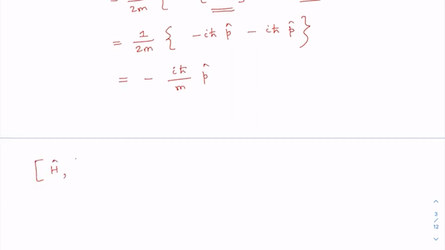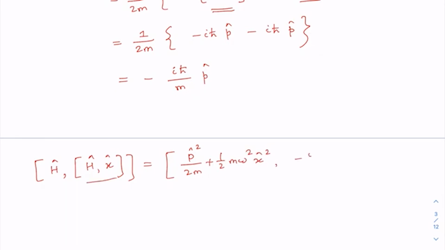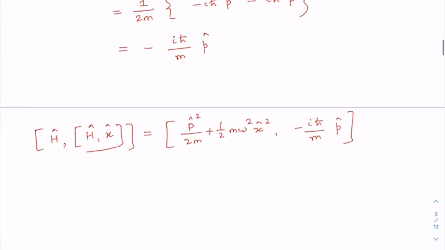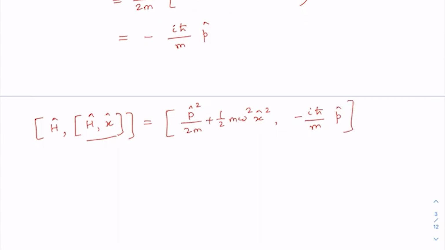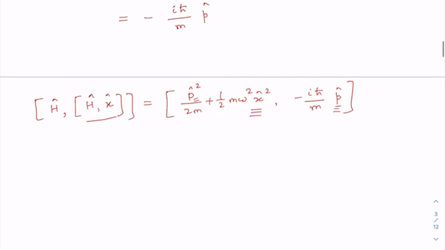Okay, now what about the other one? This one also, let me quickly work it out. H of x: the Hamiltonian is p square by twice m plus half m omega square x square. Okay, and this already we know, this is minus iħ by m p. Again here you see this p square and this term will commute, so we have to take the commutation between these terms only.